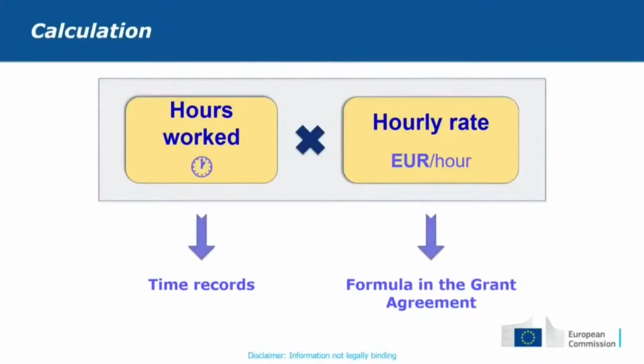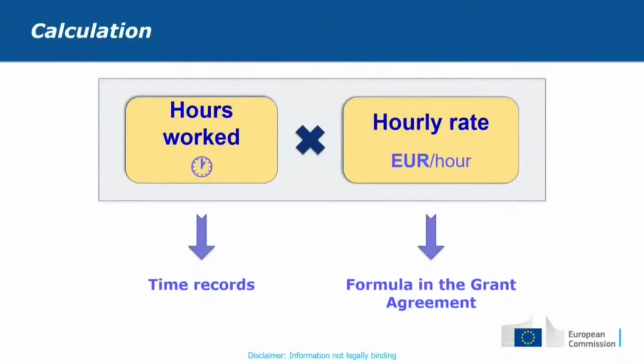And you don't need to invent a formula for the hourly rate. It also comes within the grant agreement. So when you sign the grant agreement, in the text of the grant agreement, the explanations about how to calculate this hourly rate are already there, clearly detailed. And beyond that, you also have the detailed explanations, developments, and examples about this calculation in the annotated model grant agreement.